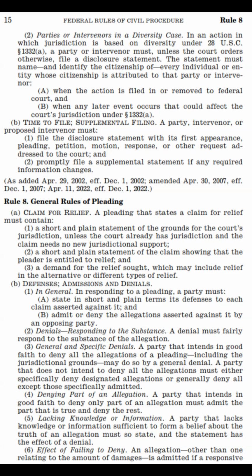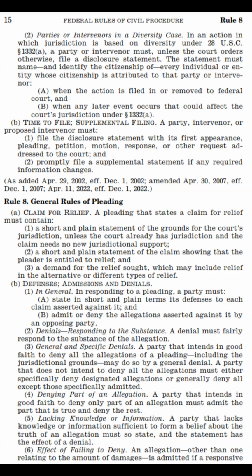General and specific denials. A party that intends in good faith to deny all the allegations of a pleading, including the jurisdictional grounds, may do so by a general denial. A party that does not intend to deny all the allegations must either specifically deny designated allegations or generally deny all except those specifically admitted.